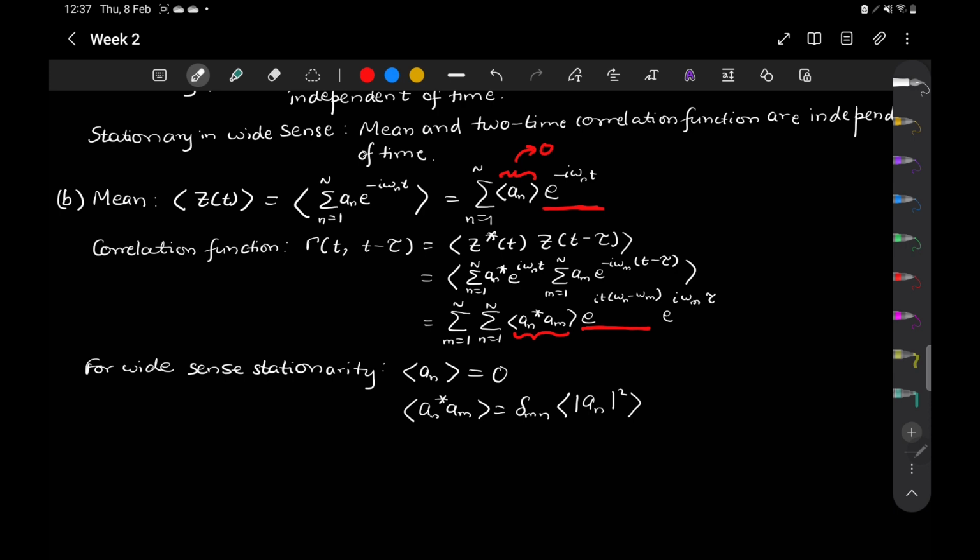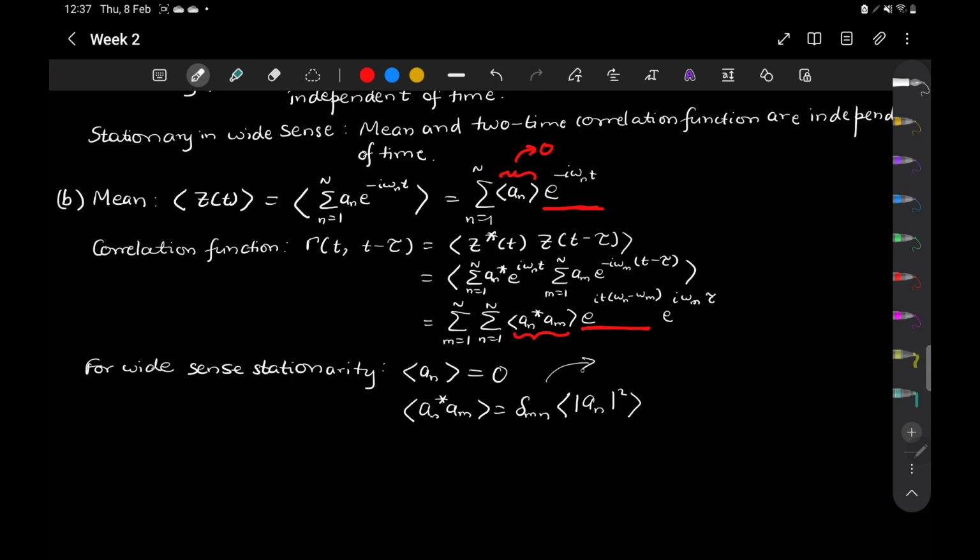For those of you who are not aware of this delta function, let me write it down.